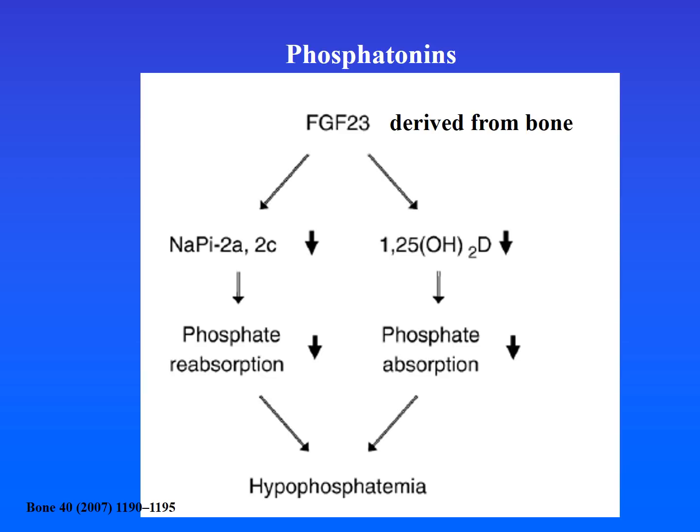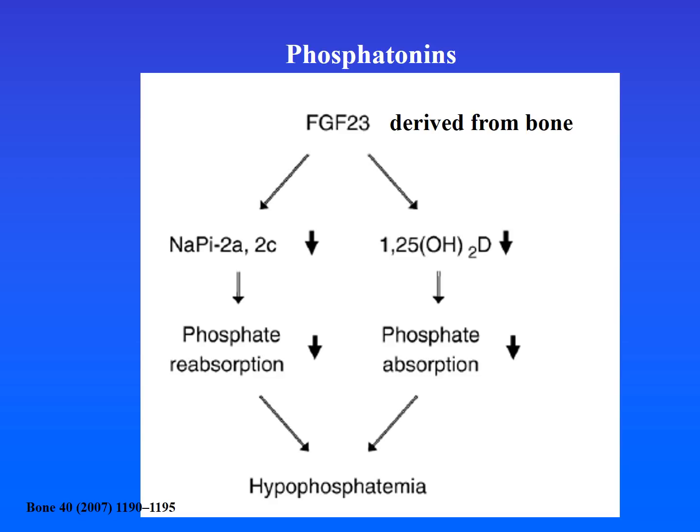It also is quite a powerful inhibitor of the 1-alpha hydroxylase enzyme that leads to the production of 1,25-dihydroxyvitamin D. So FGF23 reduces the levels of 1,25-dihydroxyvitamin D, which you'll remember stimulates phosphate absorption at the intestinal level.